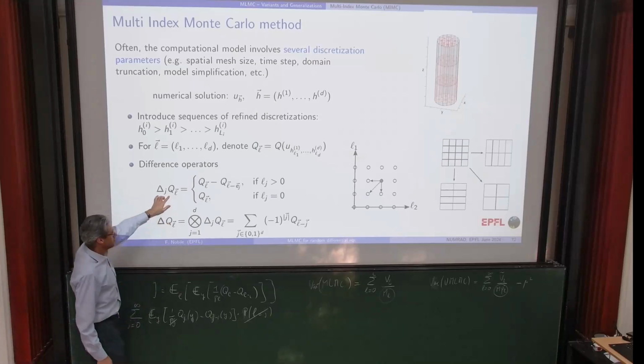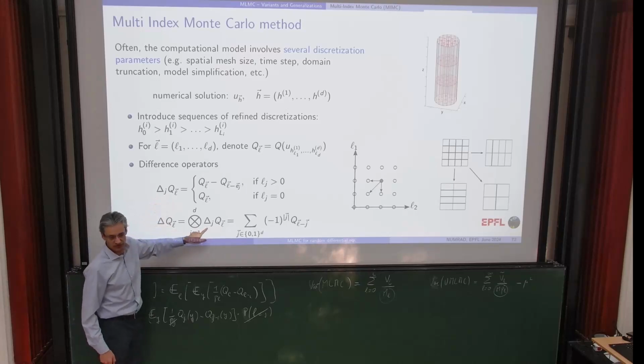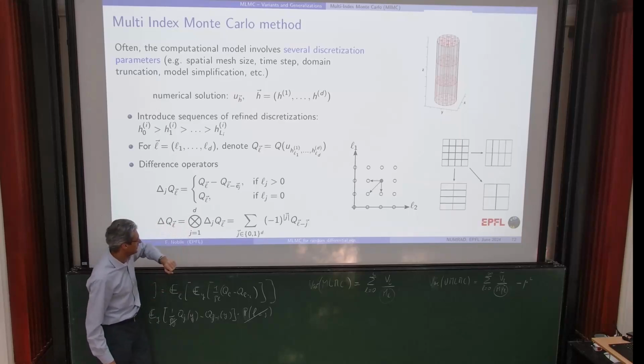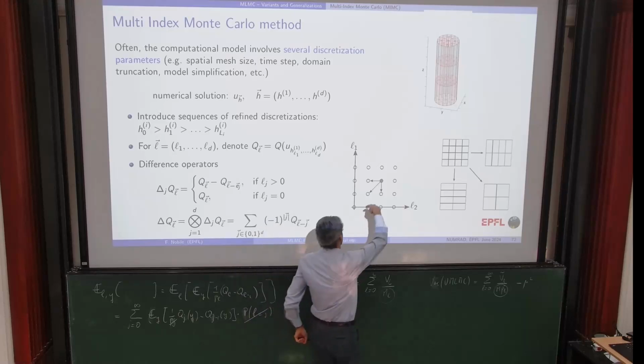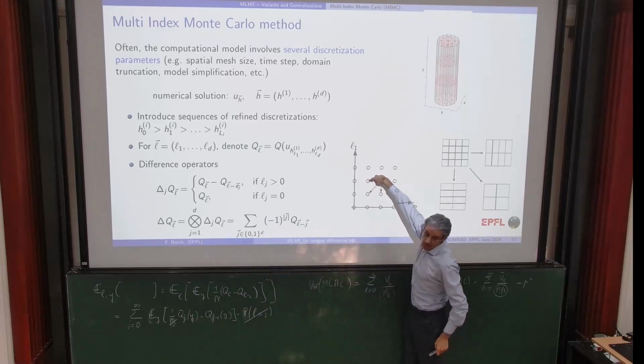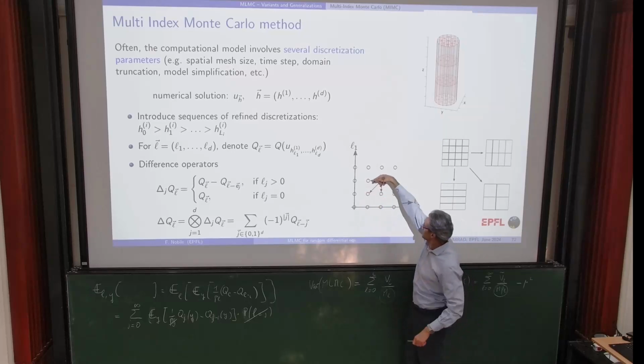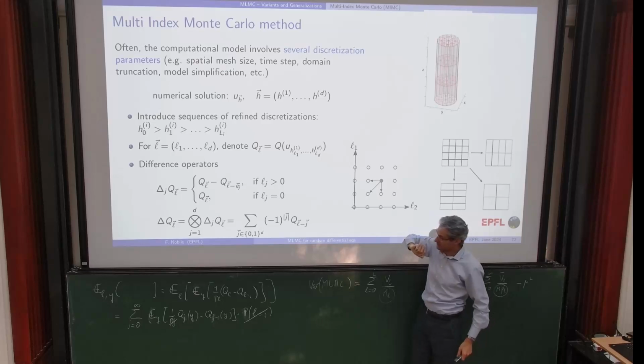And then what I can do is take the tensor product of those differences. The tensorized difference, I take difference of differences. So this delta, this tensor product, will be this difference minus this difference. It's a double difference. It's at the same time a difference in this parameter and in this parameter.